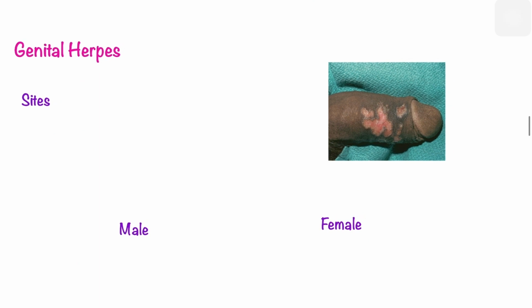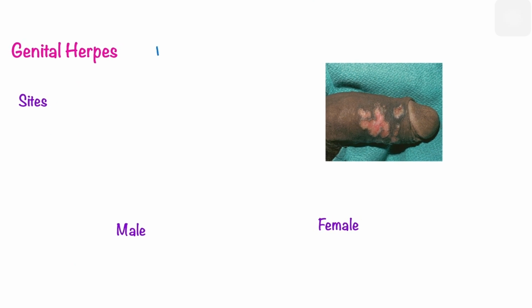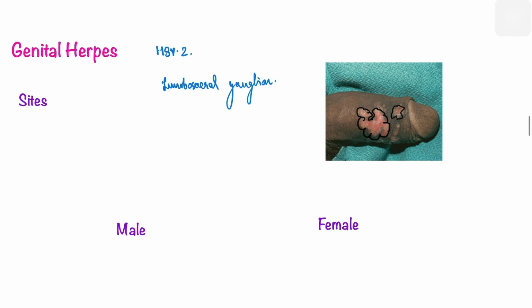Genital herpes is caused by herpes simplex virus 2, and the site of latency is the lumbosacral ganglion. As I told earlier, when there is rupture of the vesicles in orofacial herpes or genital herpes, they have polycyclic margins. You can see the polycyclic margins. This is more suggestive of herpes infection.